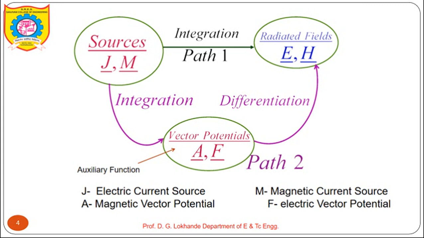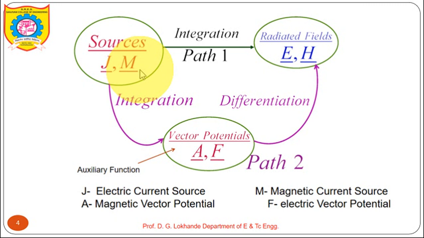A very common practice in the analysis procedure is to introduce an auxiliary function known as the vector potential. First we need to understand the source properly, which has the specified components J and M, the electric source J and the magnetic source M. At the time of calculating the radiated fields there are 2 ways.